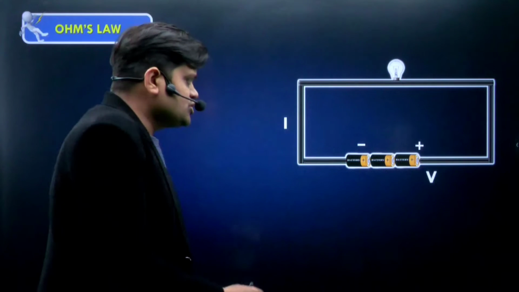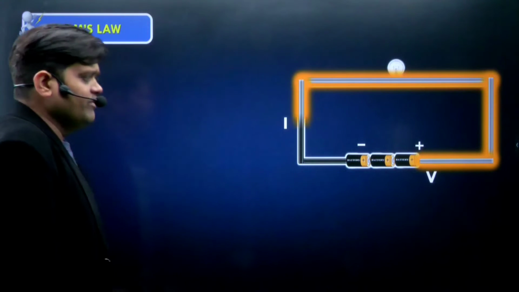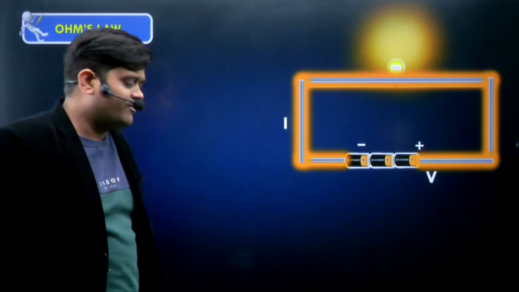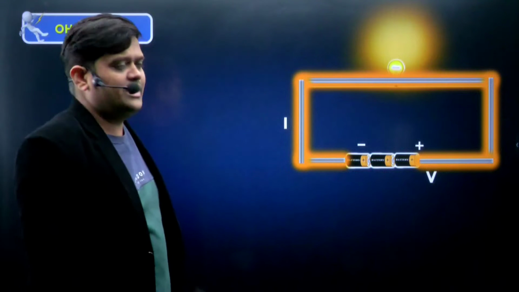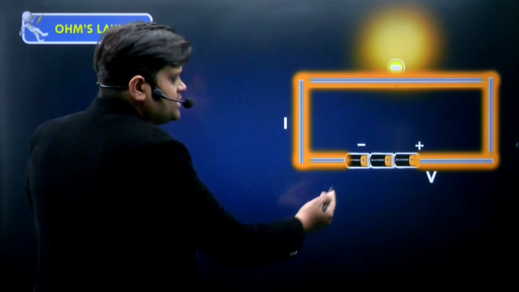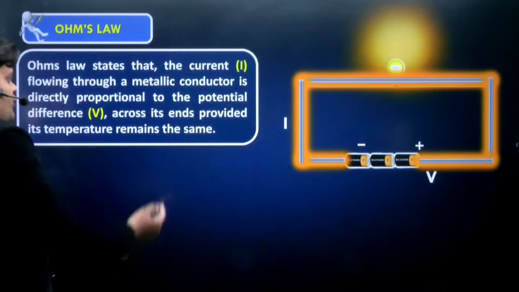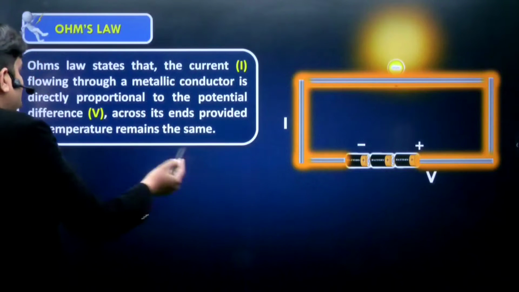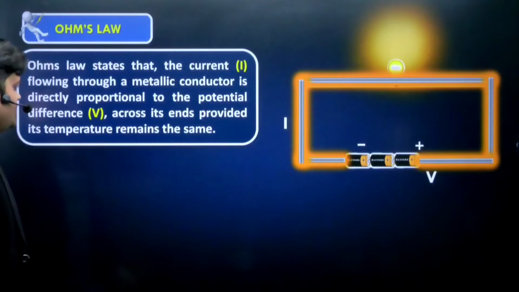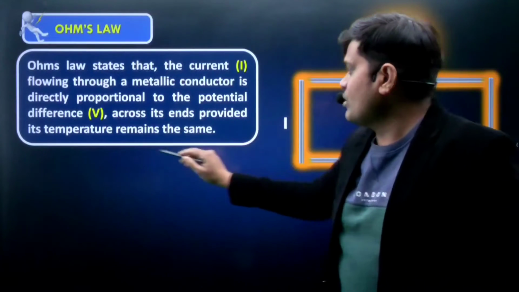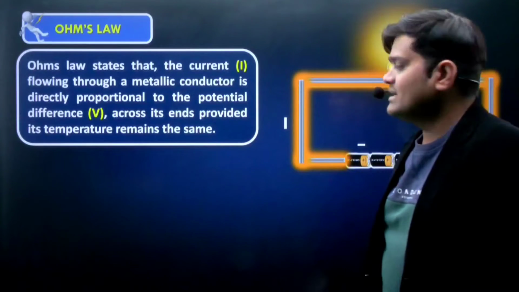So we can say that when current is flowing through a metallic conductor, it is directly proportional to the potential difference across its ends, provided its temperature remains the same.